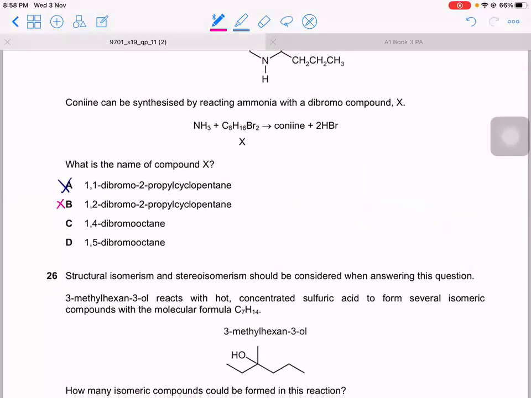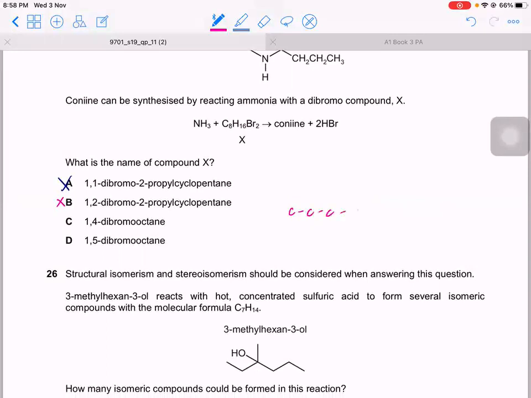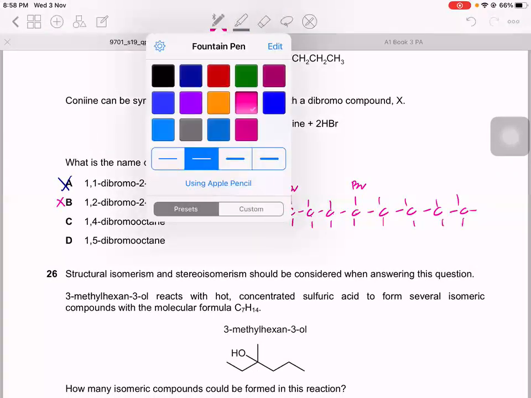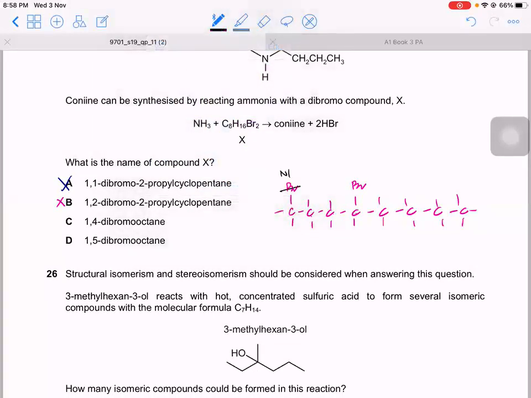Let's see 1,4-dibromo-octane. Octane is 1, 2, 3, 4, 5, 6, 7, 8 carbons. On carbon 1, you have a bromo, and on carbon 4, you have a bromo. Now it's a straight chain compound. So you make this NH3, make this NH3.